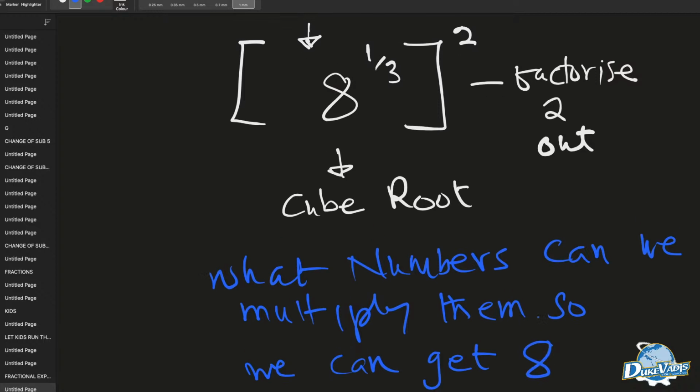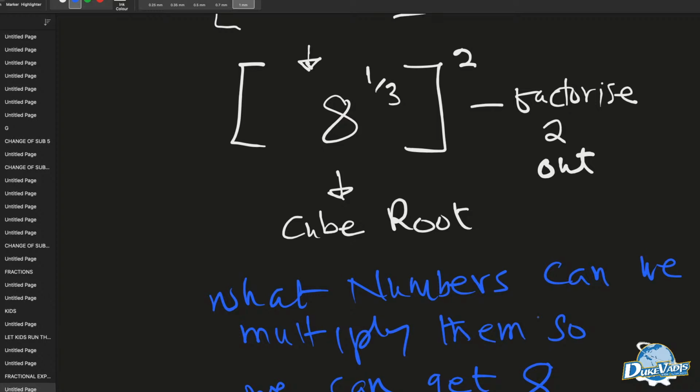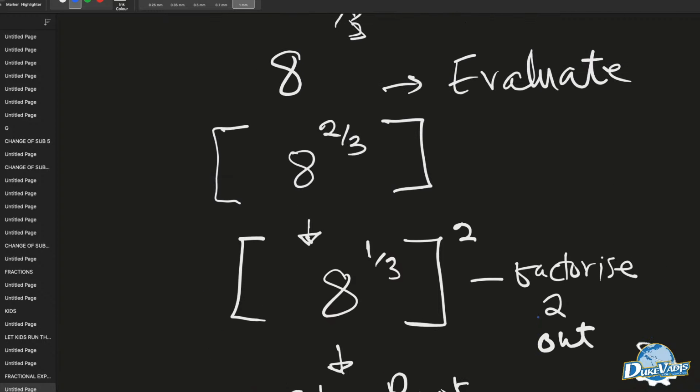What are the numbers? Because we have 8 raised to the power 1/3, all into bracket 2, because we factored the 2 out of the expression.